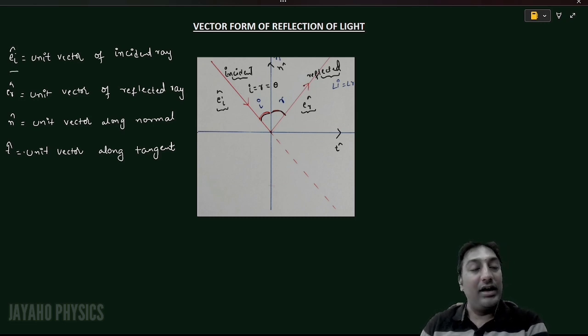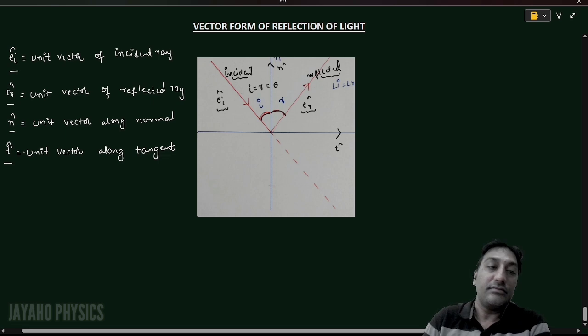So e suffix of I cap is the unit vector of the incident ray, e suffix of r cap is the unit vector of the reflected ray, n cap is the unit vector along the normal, and t cap is the unit vector along the tangent.